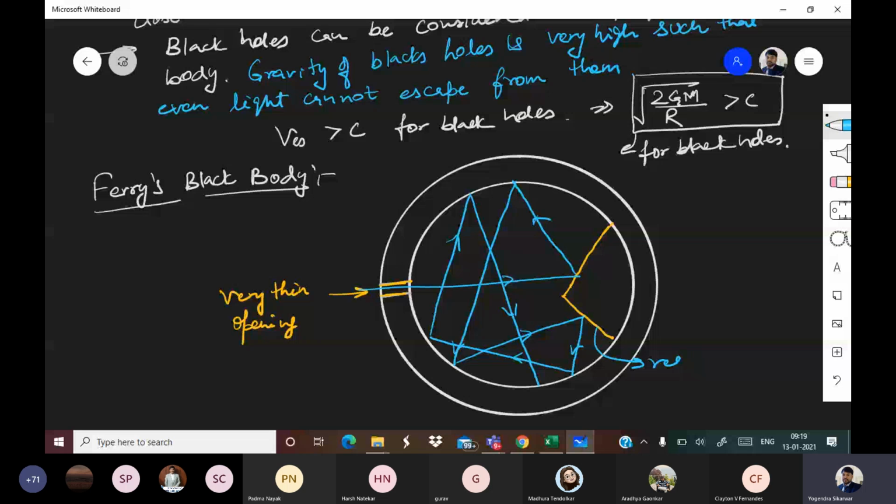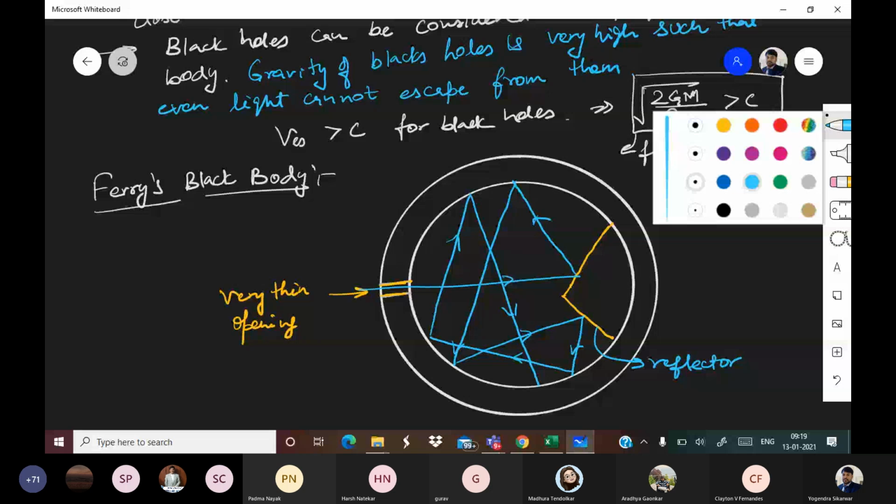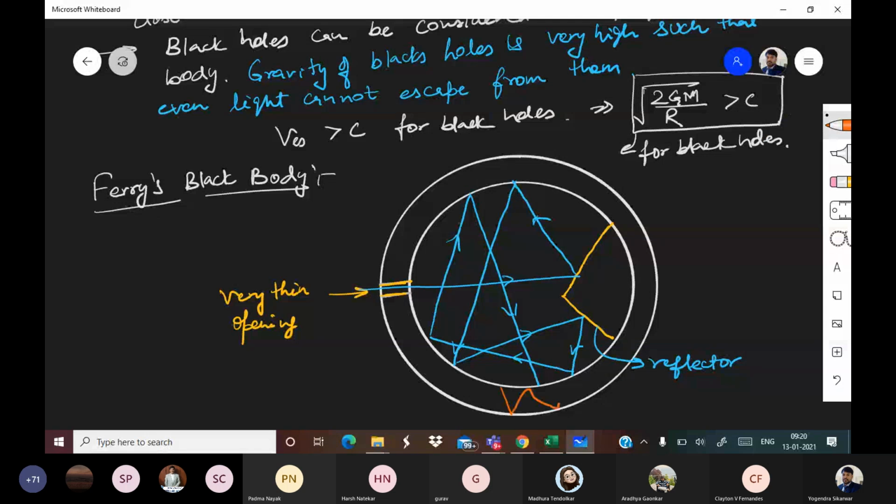Now the space between these two spheres will be insulated. Insulated means heat cannot pass through these two spheres. As there is no scope for passage of heat, it cannot go through this way due to insulation.